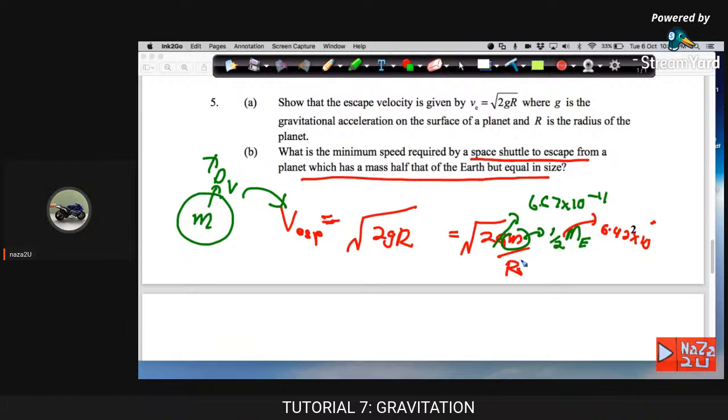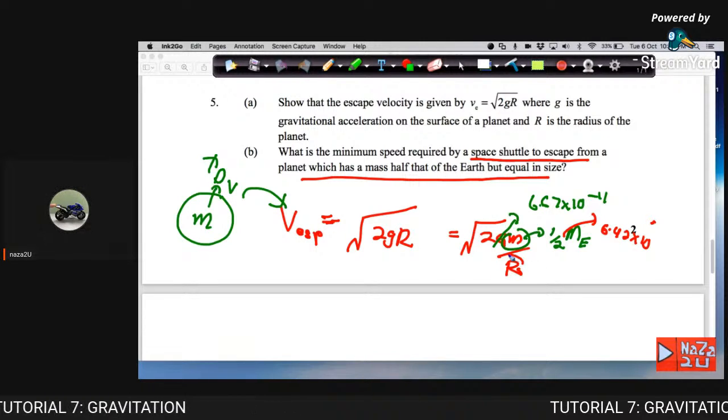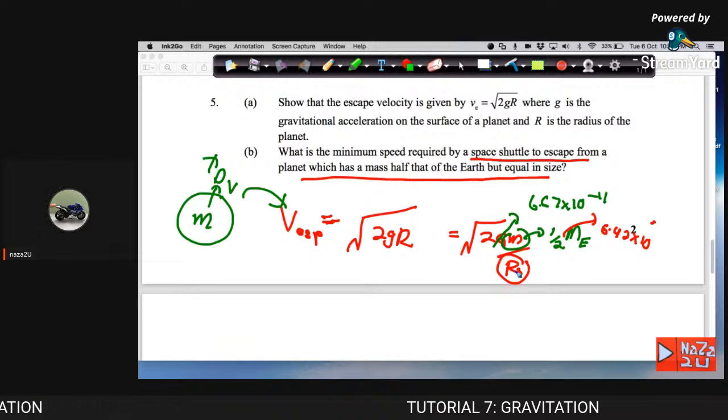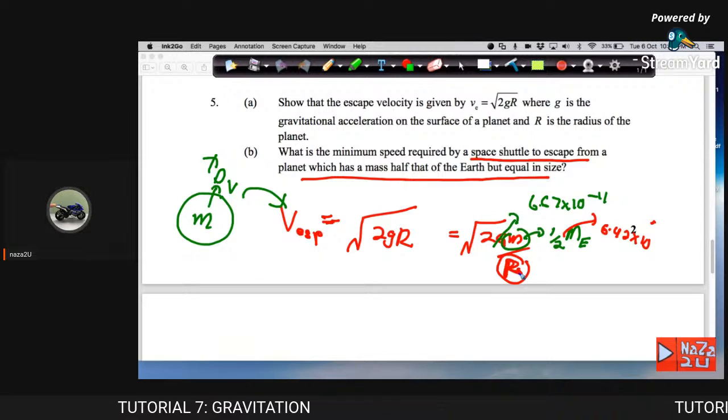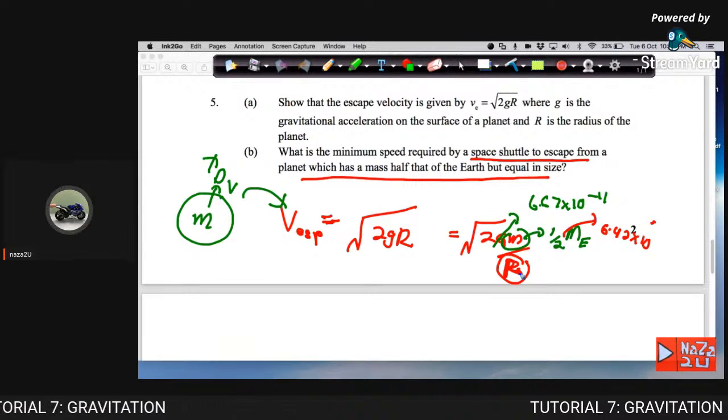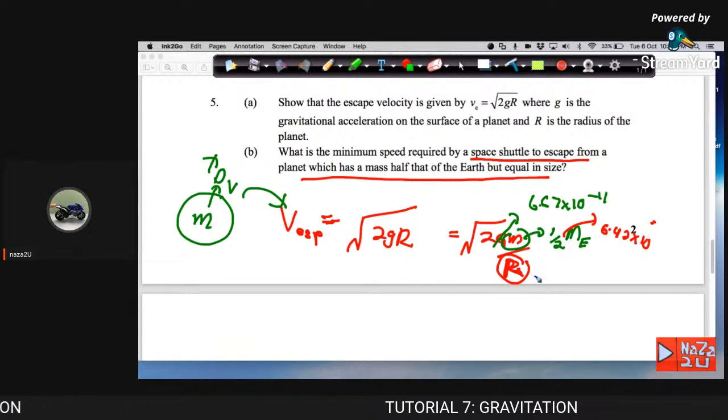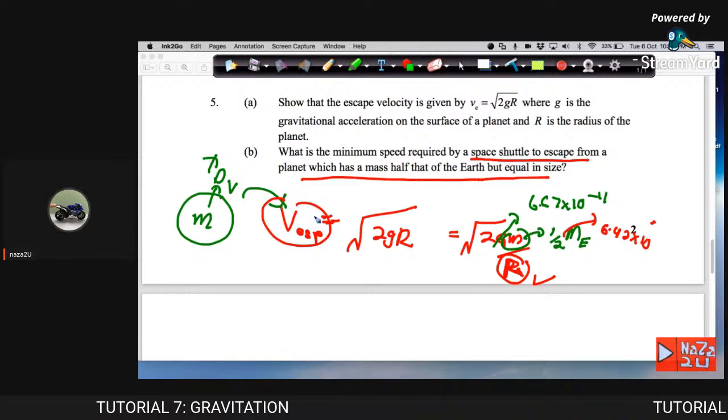So dia punya radius kat sini adalah apa? Radius bumi, because kita pakai capital R, ini adalah radius bumi. Ini pun adalah constant juga kan. Last sekali kamu boleh cari dia punya escape velocity.